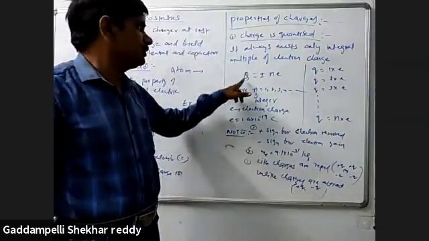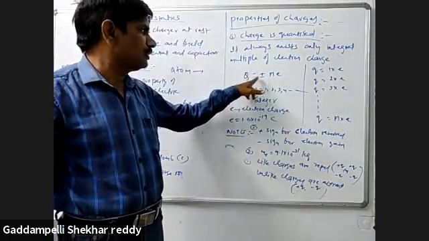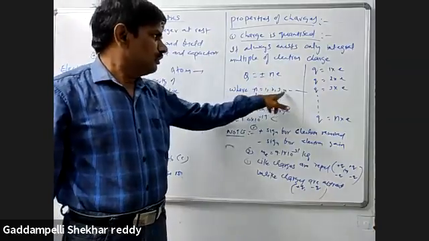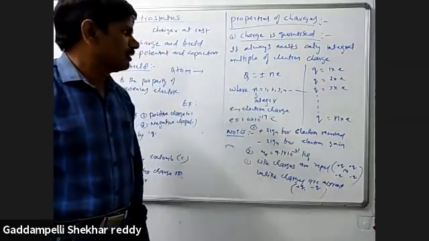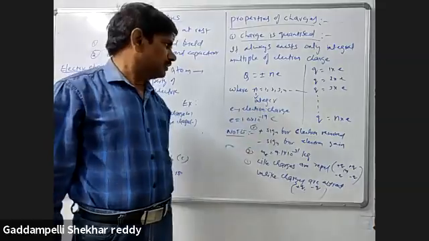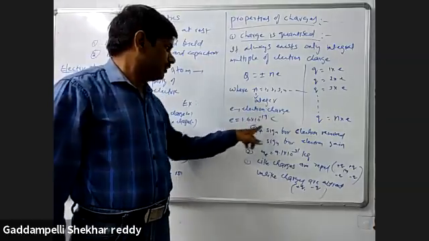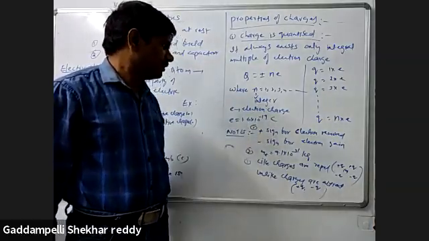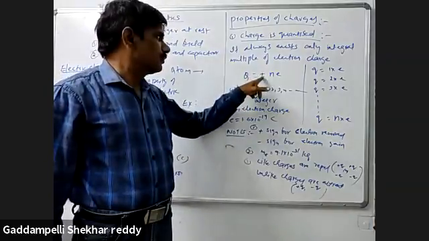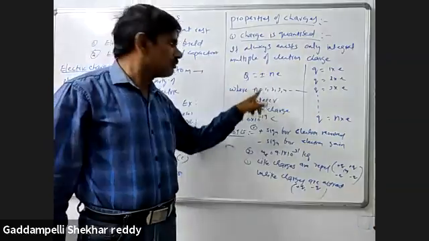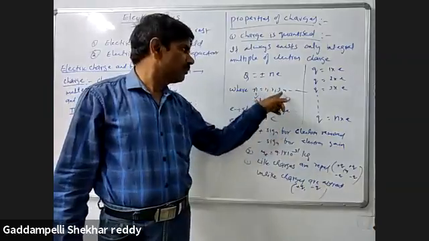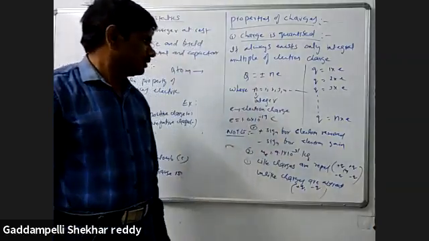So finally, the charge Q is equal to plus or minus n e, where n is 1, 2, 3, 4, an integer, and e is the electron charge. You should remember this value. The plus sign is used when the body loses electrons, and the minus sign when the body gains electrons.